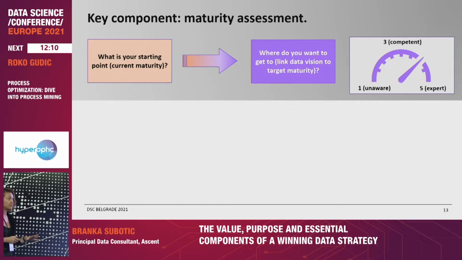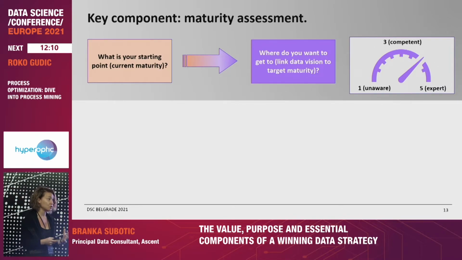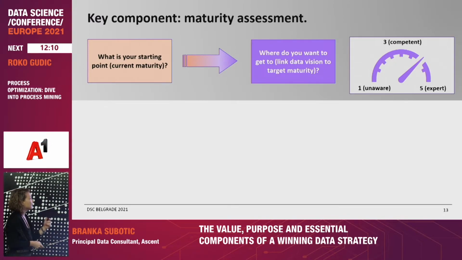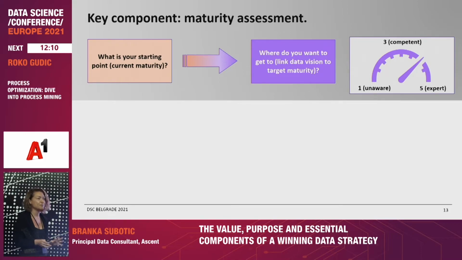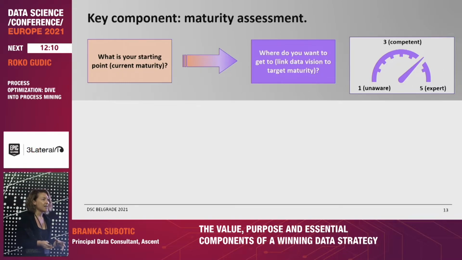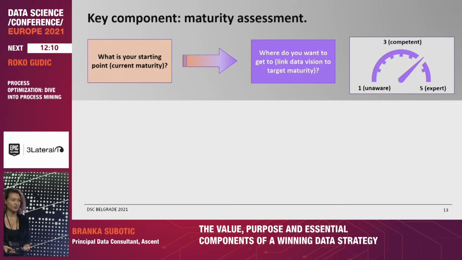There are many different standards out there, freely available, that you can take and use. I'm going to mention a few. But essentially, what I'm advising is simplicity. You can go from level 1 to level 5, 5 being expert. And to be honest with you, you don't have to go for 5 as an organization.